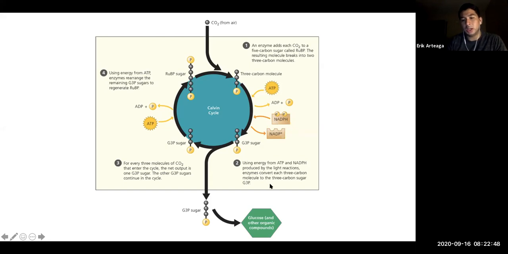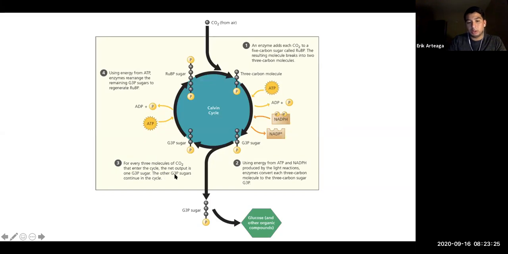So using energy from ATP and NADPH produced in the light reaction, enzymes convert each 3-carbon molecule into a 3-carbon sugar, G3P. Okay, G3P can then be used either to make glucose, a 6-carbon molecule, or it can be used to make building blocks, referred to as other organic compounds. So for every 3 molecules of CO2 that enter the cell, the output is one G3P sugar, right?